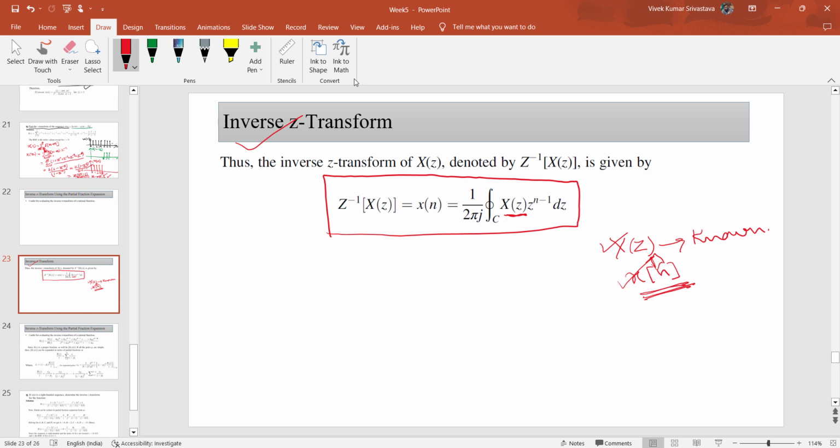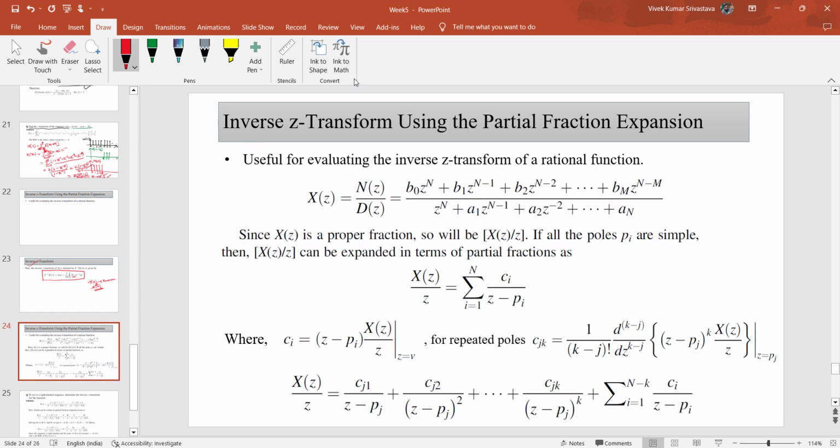So for evaluating the inverse z transform of a complex X of z, we basically use the partial fraction expansion method.